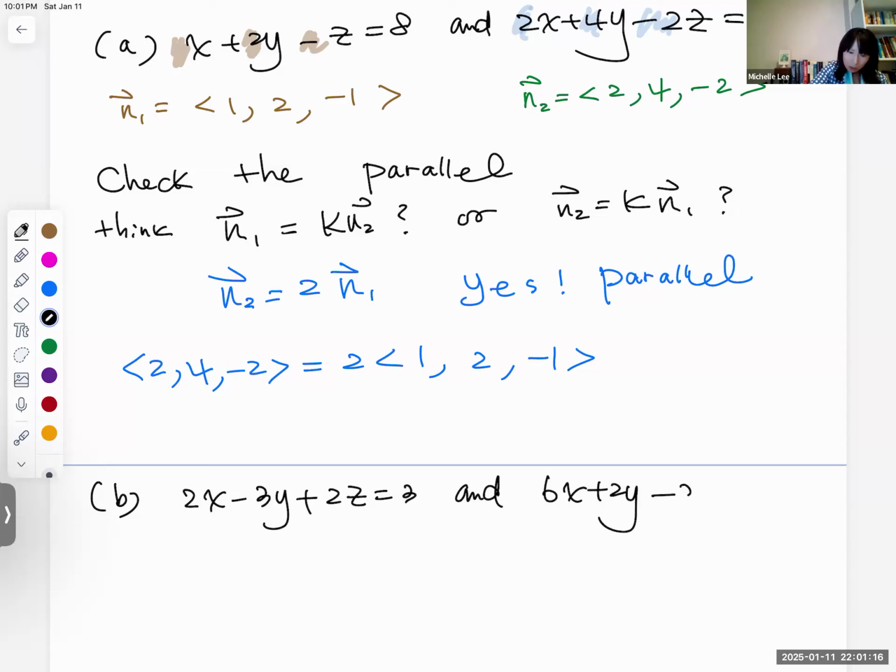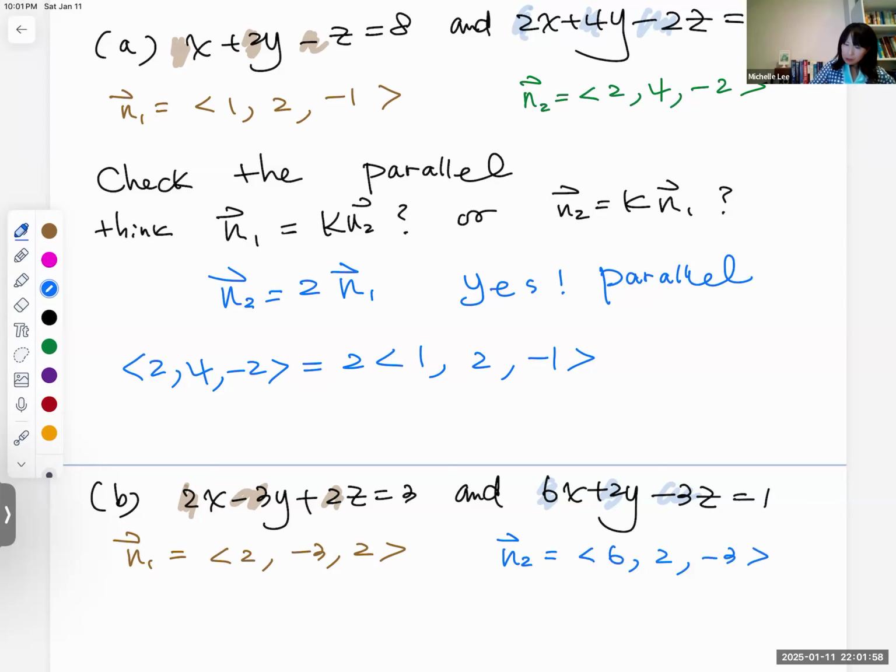The normal vectors are the coefficients. The first one is 2, negative 3, 2, and the second one is 6, positive 2, negative 3. Let's check for parallel like earlier.